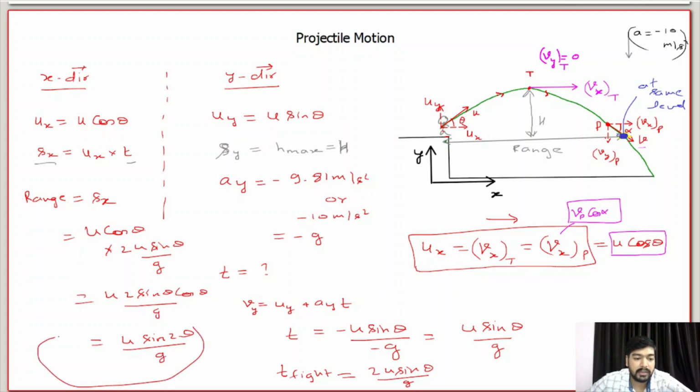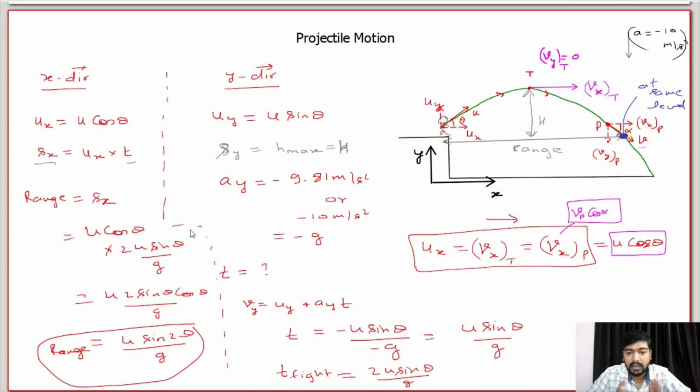This will be our range. I repeat, range is the horizontal displacement covered by the particle in projectile motion at the same level. Clear? We have calculated two things here.